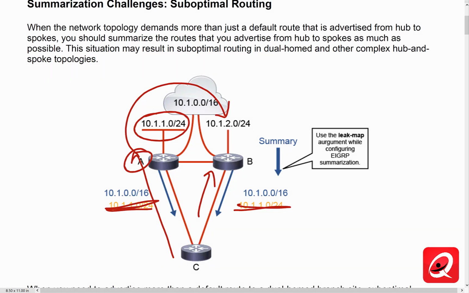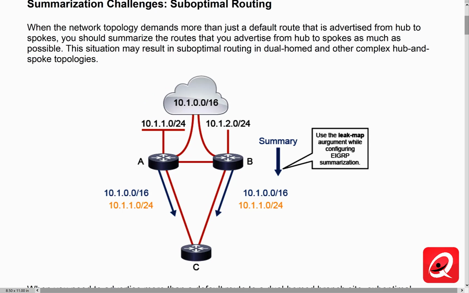And conversely, I should be going directly to router A for the 10.1.10 subnet. So when you create a summary, what you can choose to do is do what we call a summary leak. You can say, okay, let's go ahead and do our summary.